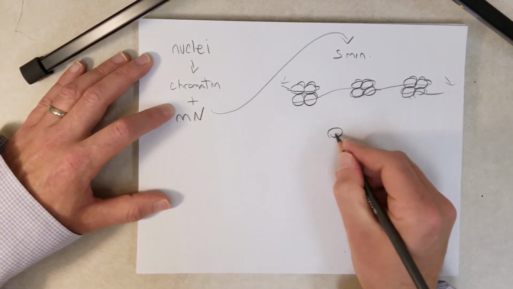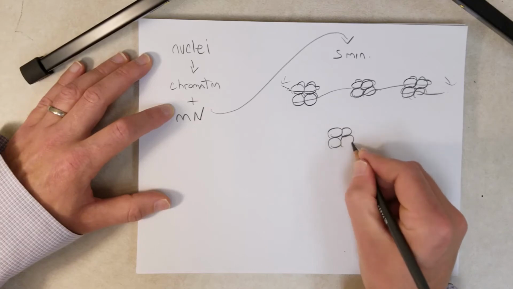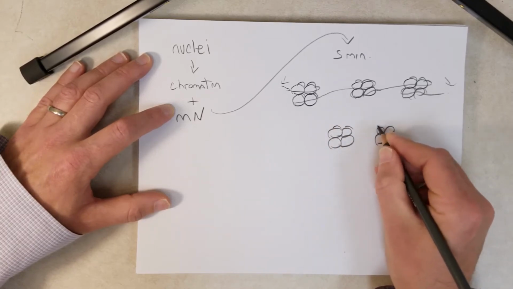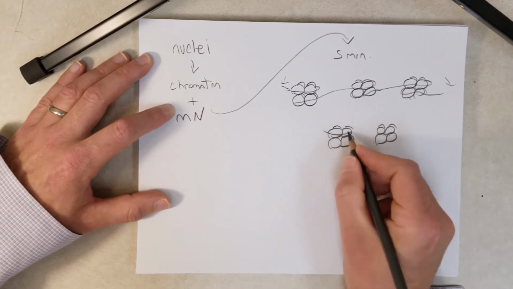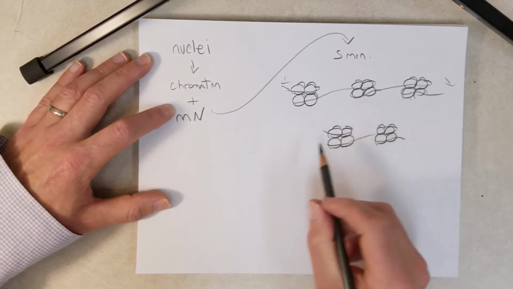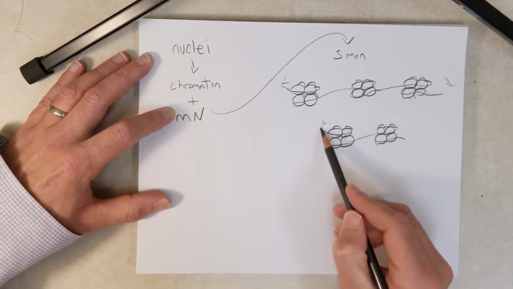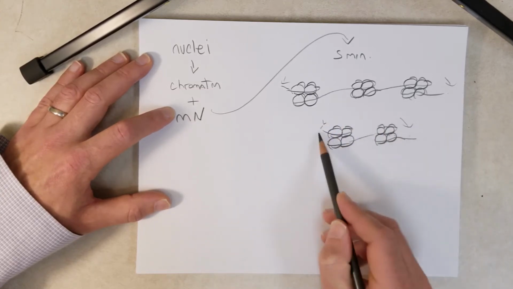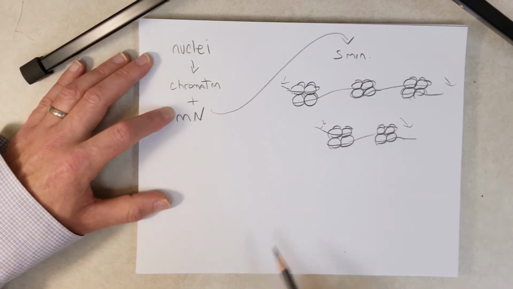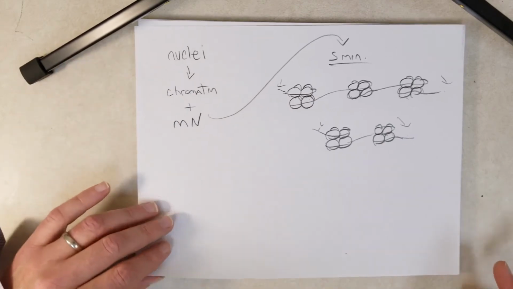And maybe there'll even be lots of 2 subunits. For the 2 subunit nucleosomes here, the micrococcal nuclease got to the linker DNA on either side of here, but it didn't have time to get to this one right here. So that might be what we would expect after about 5 minutes.